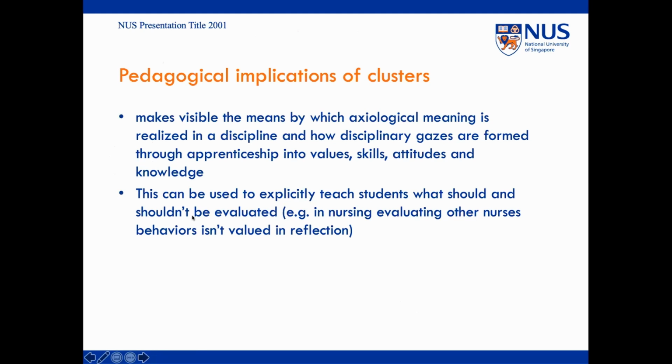Cool. I was just going to say it just makes visible the means by which axiological meaning is realized in disciplines. And axiological meaning, I think, until Carl started to talk about it in LCT, was just, the arts disciplines were a mysterious place in which technicality somehow emerges from somewhere, and that notion was gotten rid of.